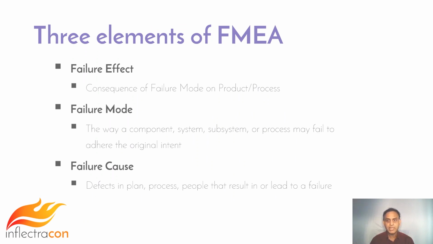Let's get grounded on these three elements of FMEA. First, the failure effect. It's a consequence or impact of a failure mode. The failure mode itself is a manifestation of how a component, system, subsystem, or process failed to adhere to its original intent. Perhaps the conformance to requirements was too restrictive, or the system performed beyond its original specifications. As a result, the system does not function as expected.